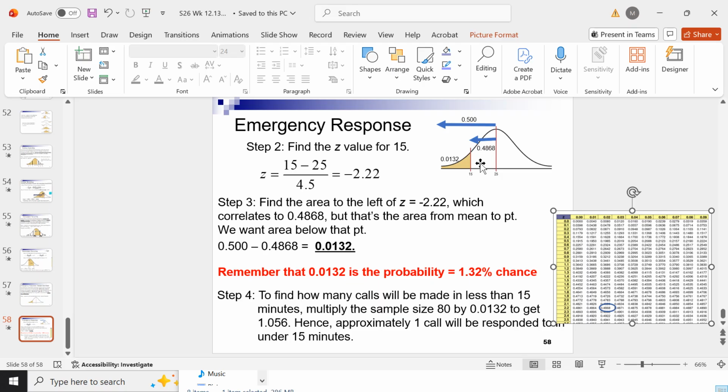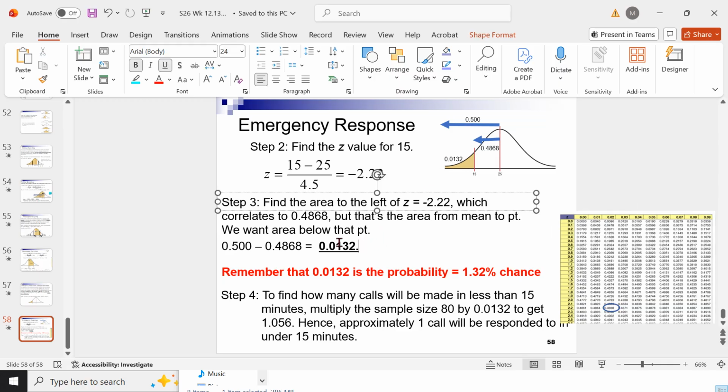I'm not interested in that space. I'm interested in that space. How do I figure out that space? Well, this whole area is 0.5. 0.5 minus 0.4868 will give us that area right there, which corresponds to 1.32%.